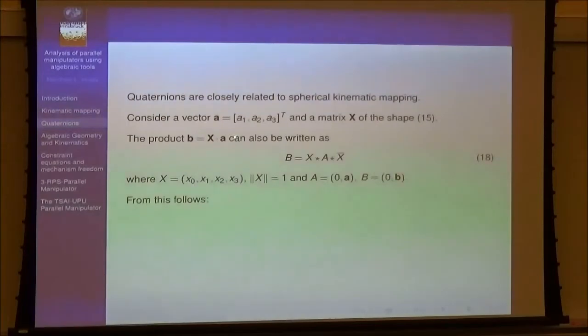If you have this product, this is the transformation matrix, this is a vector, this is a vector, A is multiplied by this transformation matrix, you can show that it can be written in quaternion form in this way, and this was shown in the morning. Kinematic mapping and quaternion is essentially the same mathematically.